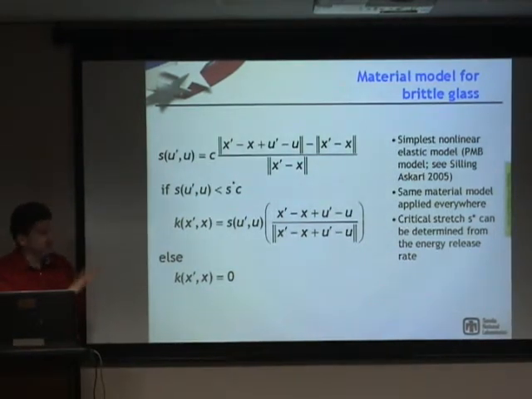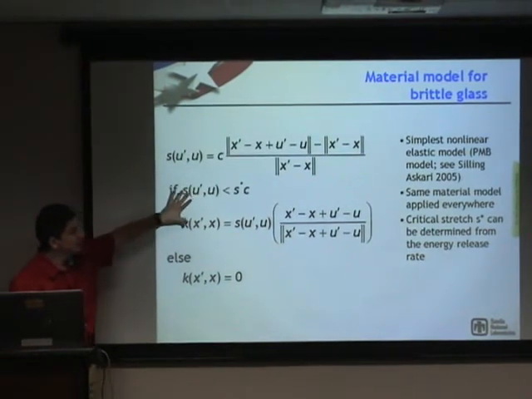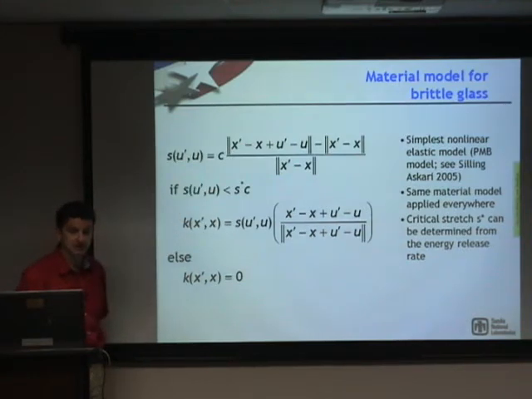My whole purpose of this was to show how simple it is to do damage in 3D. This is very simple, and it can be calculated from the energy release rate. But one could choose a different model, absolutely. This is the simplest nonlinear model; it has a geometric nonlinearity.